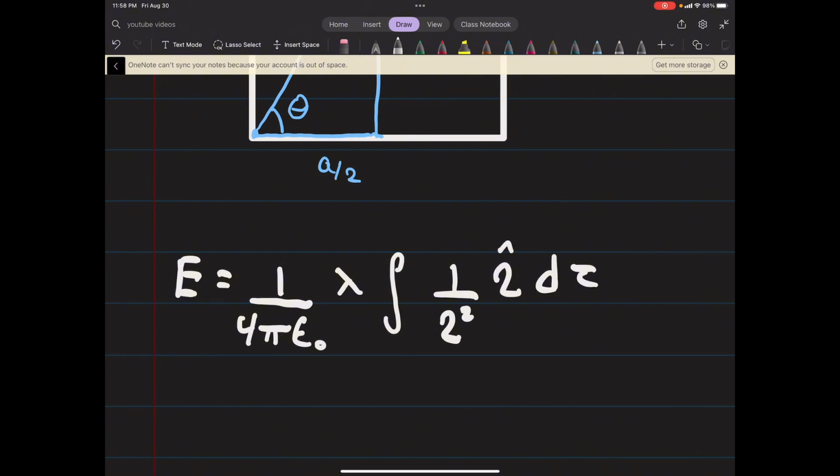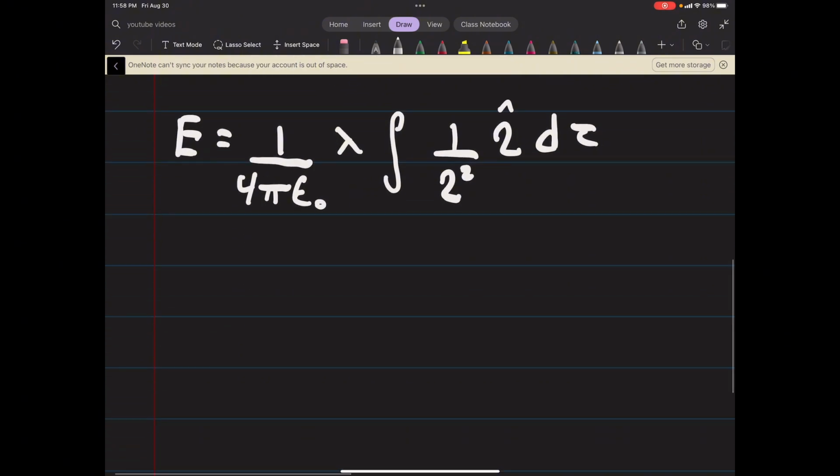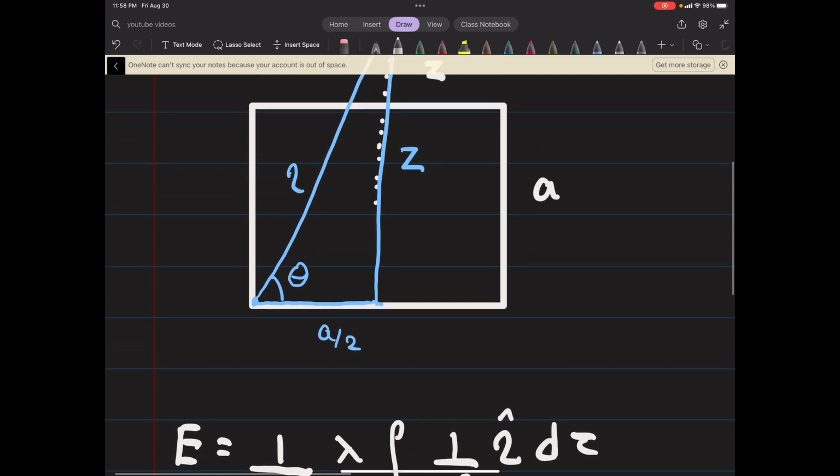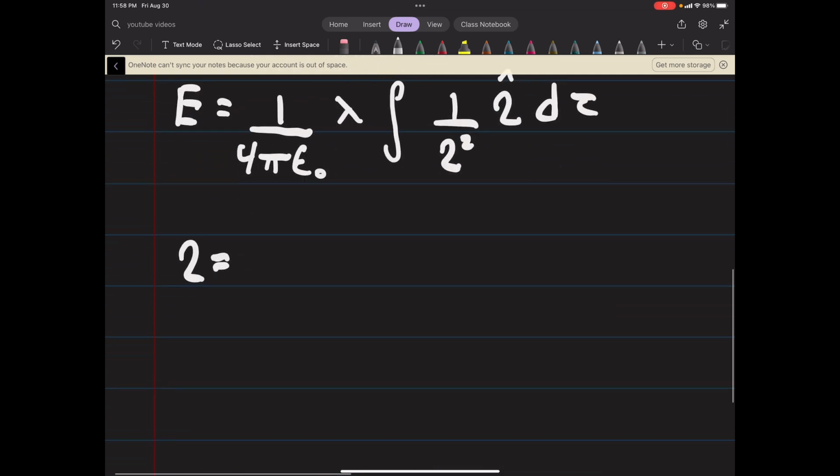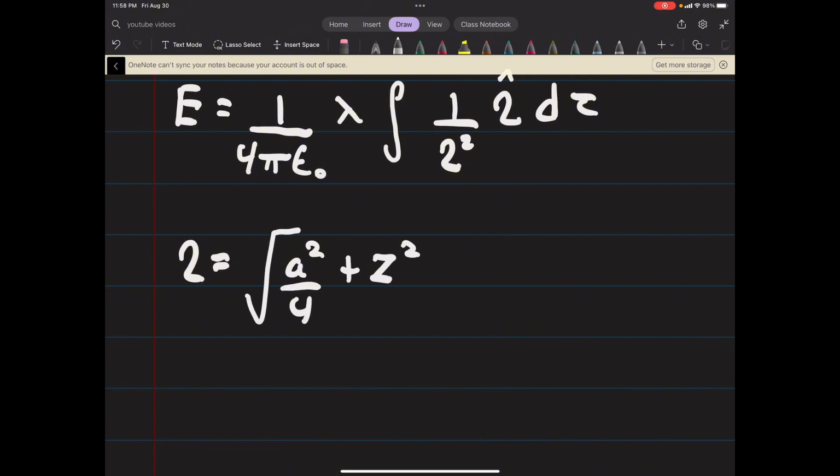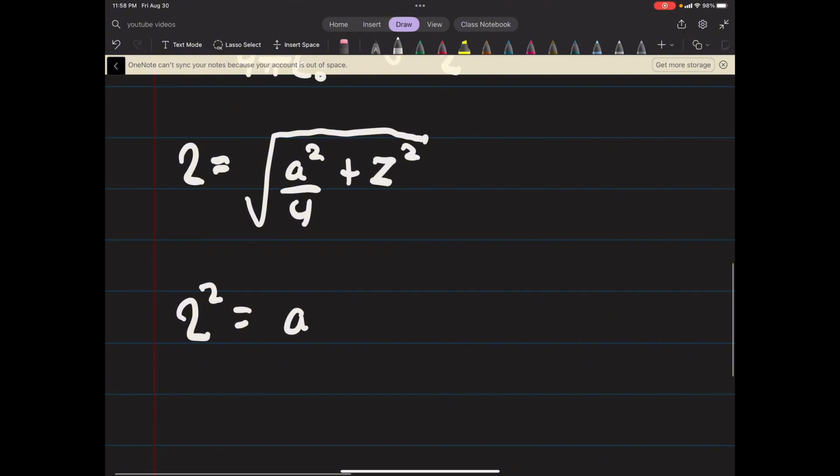Okay, so let's get a few things together first. First, script r, just from this diagram, I think it's pretty easy to see, is the square root of a squared over 4 plus z squared. And obviously, since we want script r squared, that just gets rid of the square root.